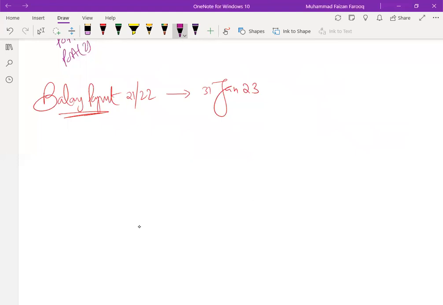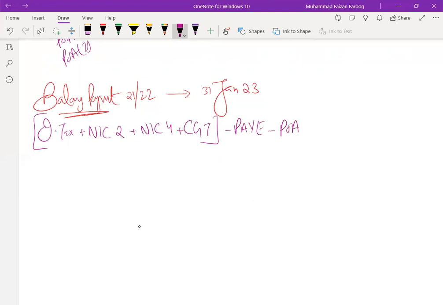The formula is income tax plus NIC2 plus NIC4 plus CGT minus pay as you earn minus POA 1 and POA 2.